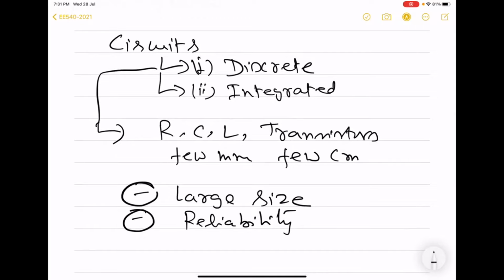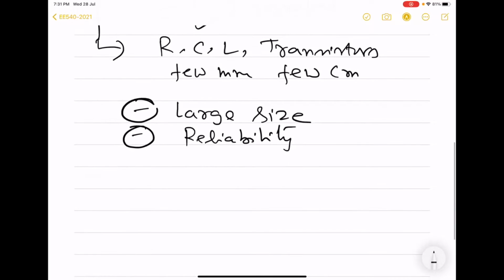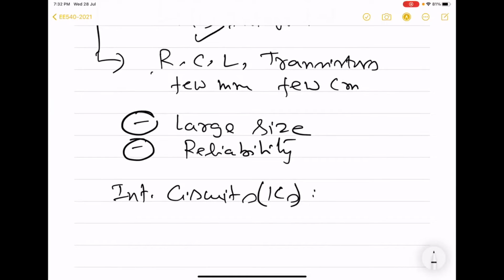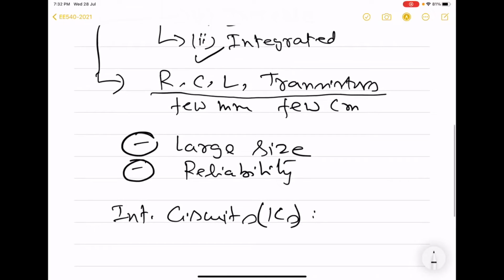But what we are going to study is integrated circuit, which in short is called ICs. Same components, these resistors, capacitors, inductors, transistors, they all will be fabricated on the same piece of semiconductor where the transistor is fabricated.